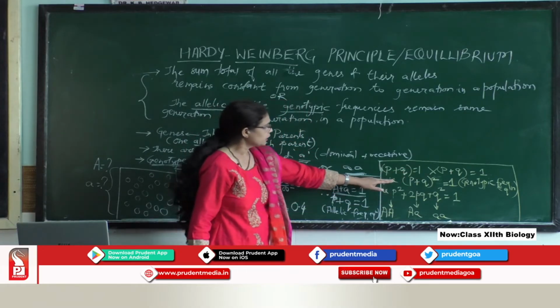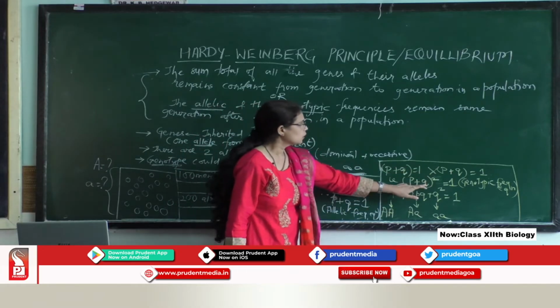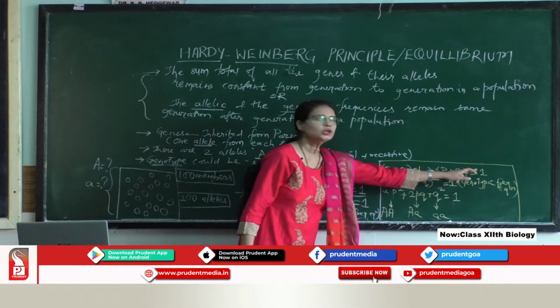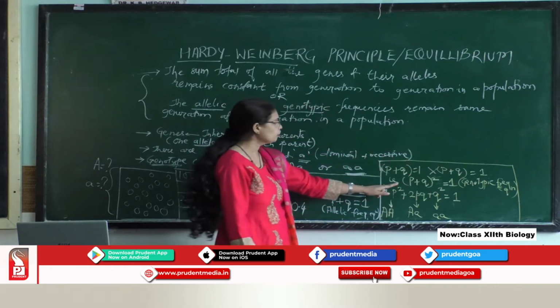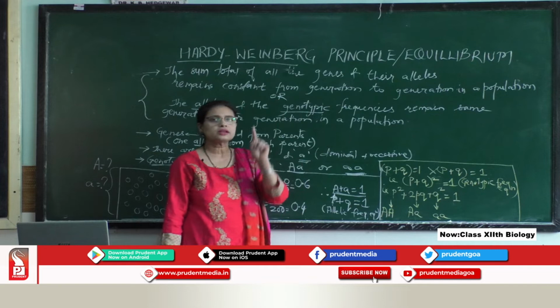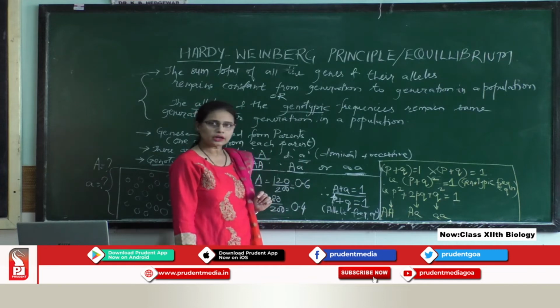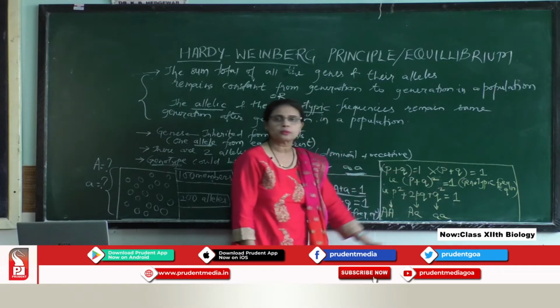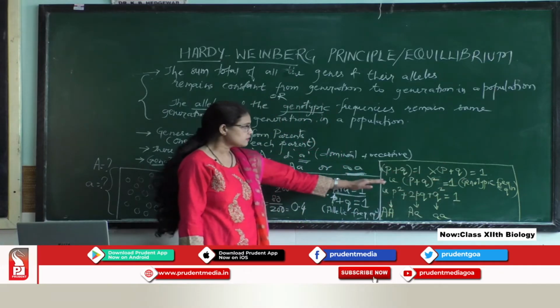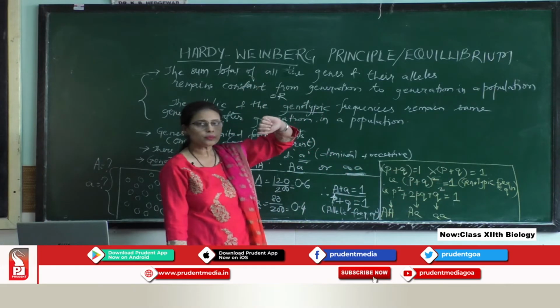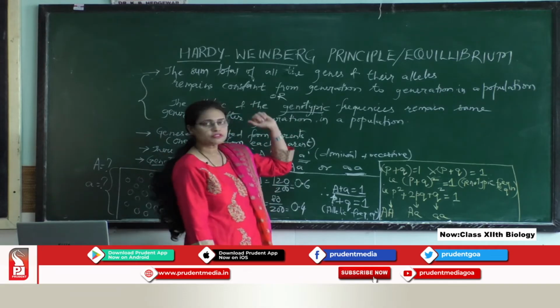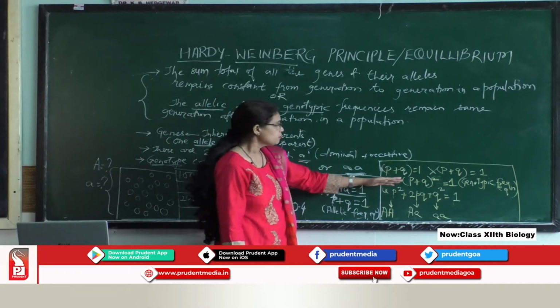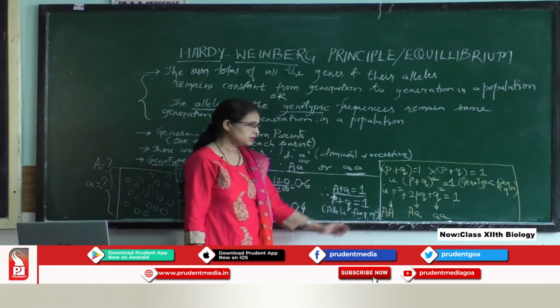So indirectly it is (P plus Q) the whole square equals 1, because 1 into 1 is 1. So (P plus Q) square equals 1 is the equation that I got, and I call this equation genotypic frequency equation.